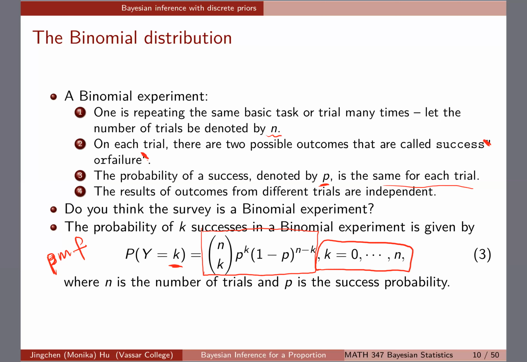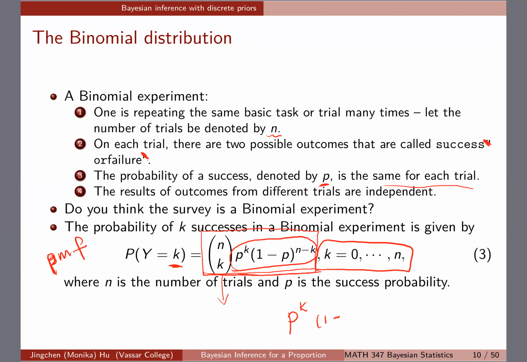So let me break down the PMF a little bit more. The choose function, n choose k, is telling us how many ways we can get k successes out of n trials. So that's how many scenarios you can have. And then you multiply by the probability of each scenario. p is the success probability, and you raise it to the number of successes.